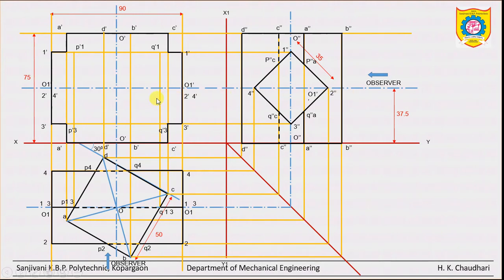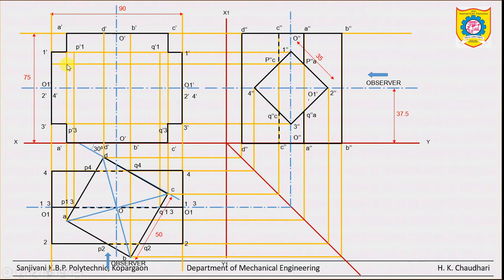Now the remaining points in the front view. First of all, just locate the points. How? By taking the projection from P double dash A. Observe this projection and the edge number A, this vertical edge.